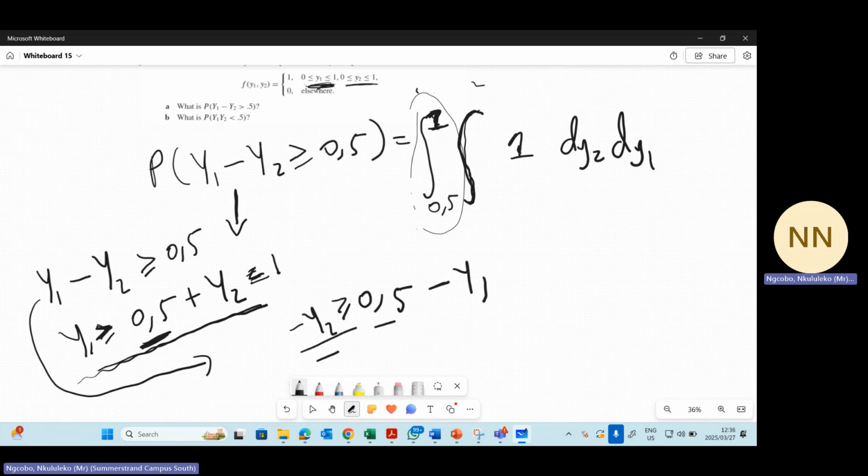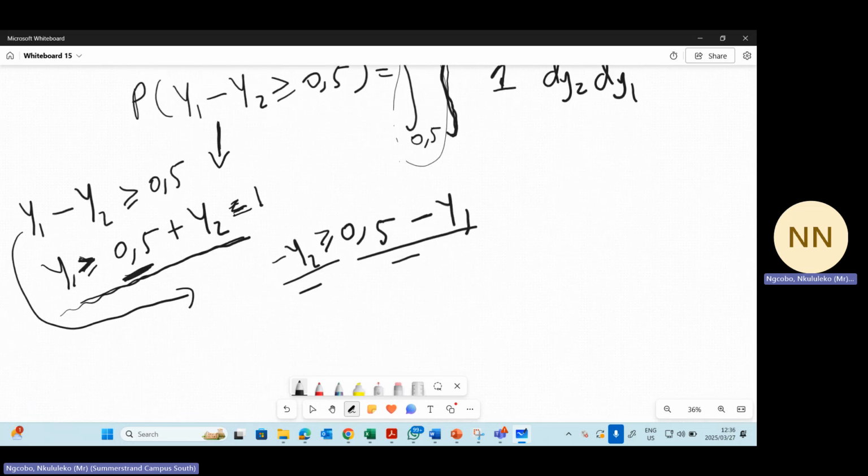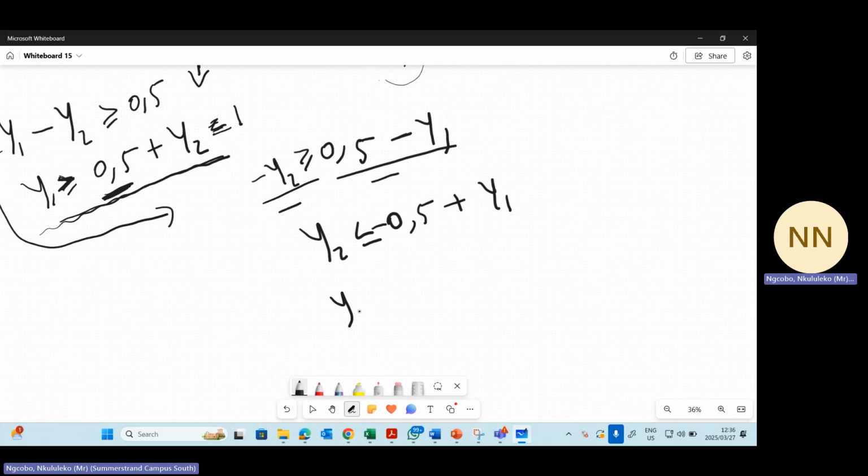If you divide both sides by negative, you'd have y2 less than or equal to negative 0.5 plus y1, which I could also represent as y1 minus 0.5.